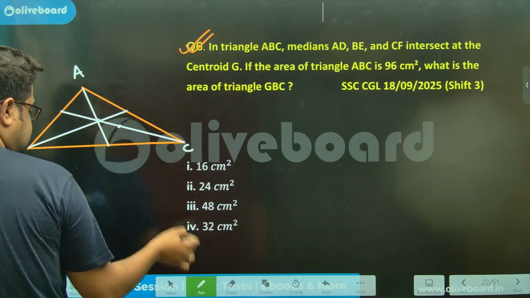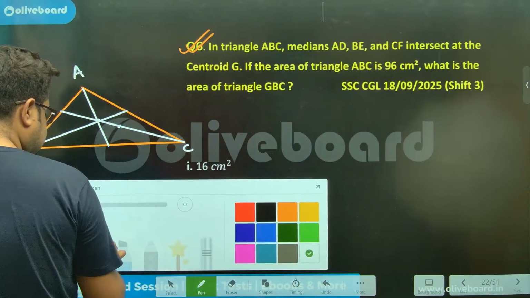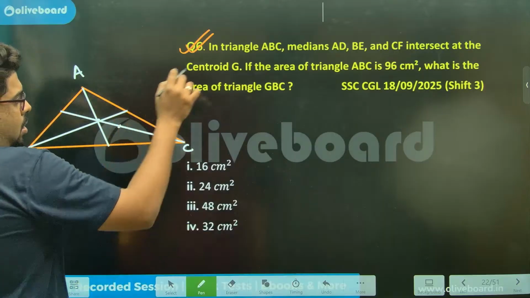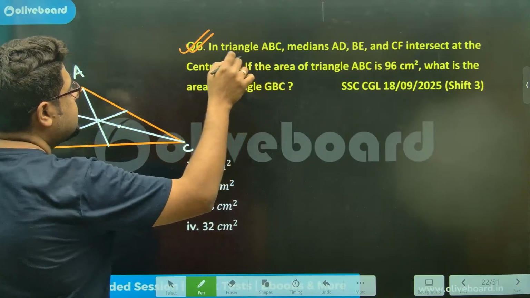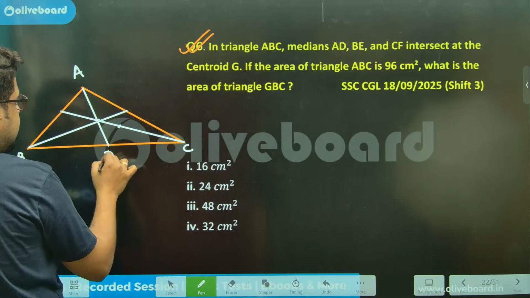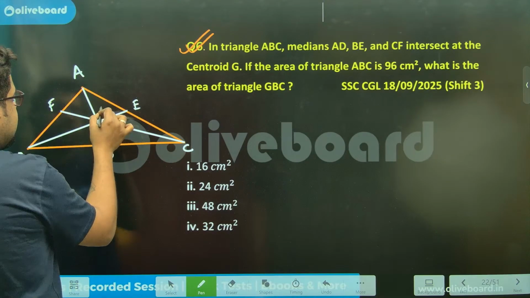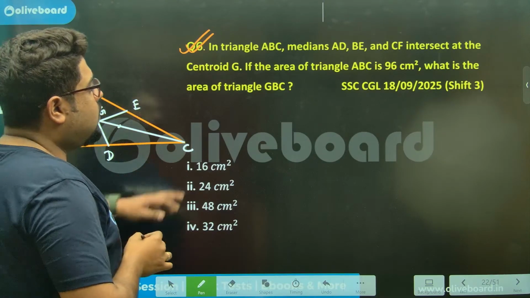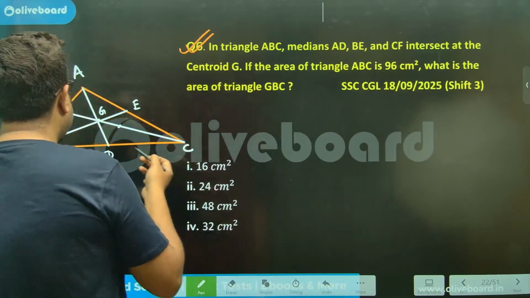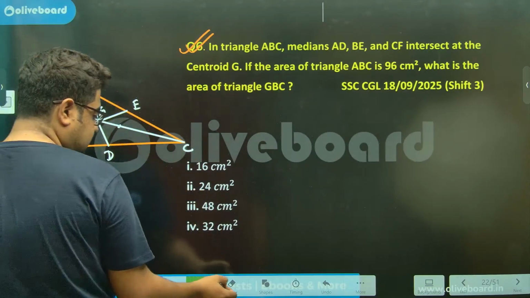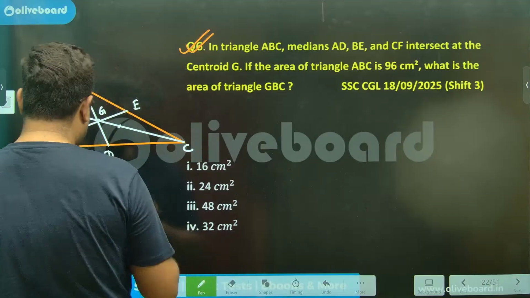They intersect at a certain point, the centroid G. Now, what is the area of triangle GBC? Meaning, they are asking you to find the area of this portion.